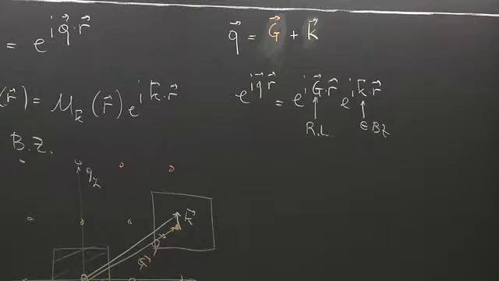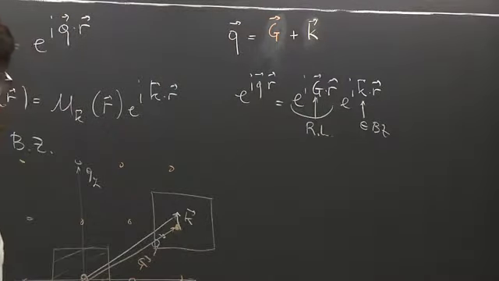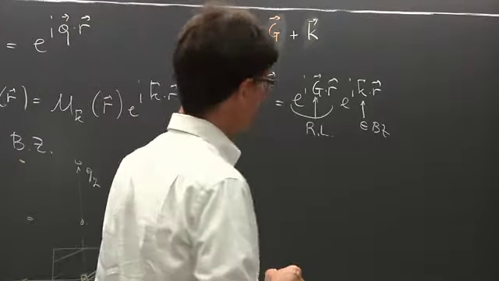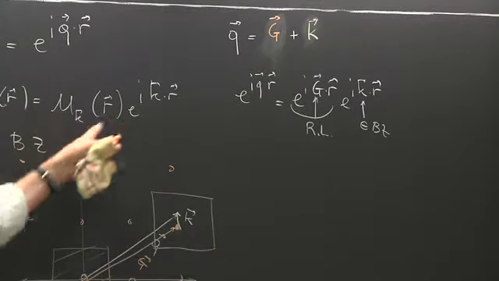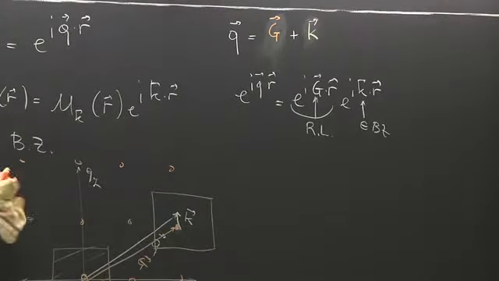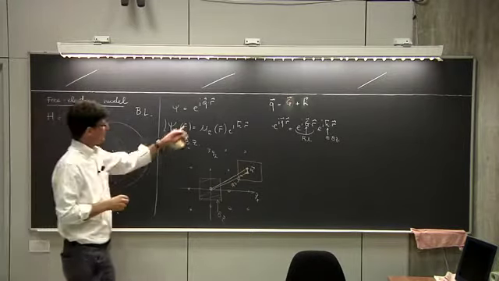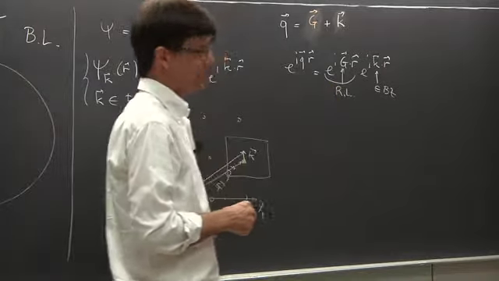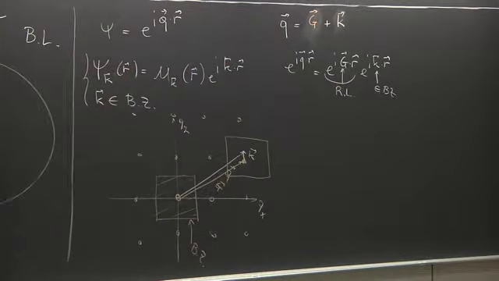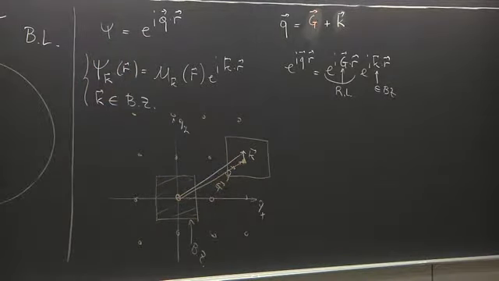But if G is a reciprocal lattice vector, what can I say about this function? It's periodic. It has the same periodicity of the Bravais lattice. So in practice, I've written my wave function as a periodic part times a phase where K belongs to the Brillouin zone. Okay? So I have been able to write a generic plane wave into Bloch form by extracting out the periodic part and the phase, by just decomposing my vector Q in terms of the reciprocal lattice vector plus the vector inside the Brillouin zone.